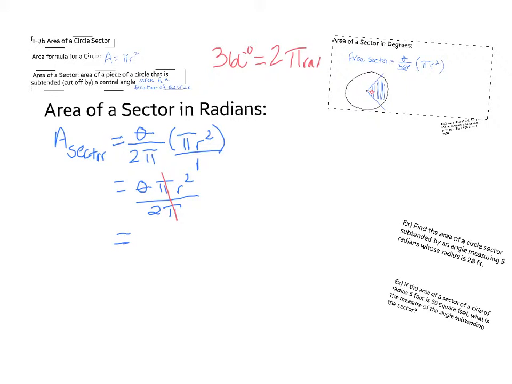We can pull the 1/2 out and just write it as 1/2 times theta times r squared. So that is our formula for the area of the sector of a circle.